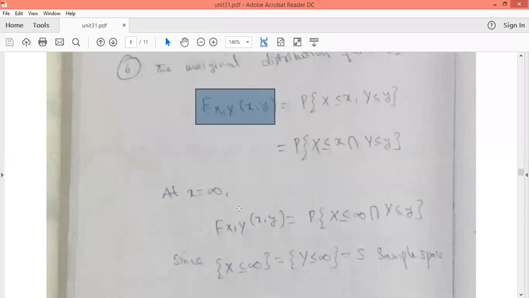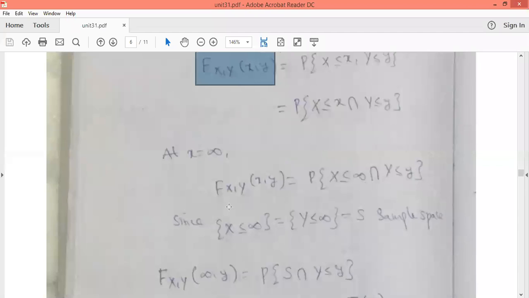Okay, now at x is equal to infinity, Fxy of x comma y is equal to what? So now x value is infinity, so it is probability of x less than or equal to infinity intersection y less than or equal to y.